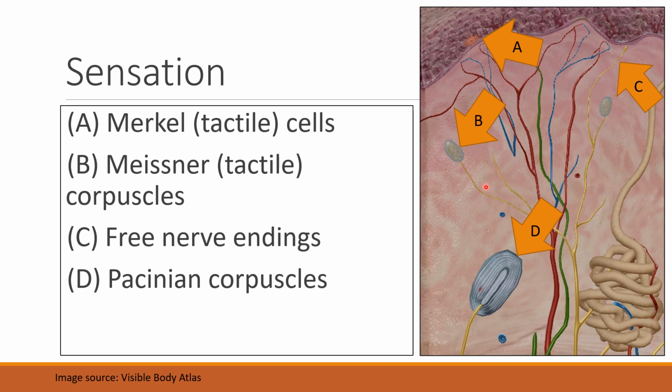There are more nuances to that as well, but for now, just remember that both of those start with the letter M, and they have to do with touch. Merkel cells touch, Meissner corpuscles touch. The free nerve endings do things more like pain, temperature, and some other stuff. And then these Pacinian corpuscles, remember, sense vibration and the pressure that it would feel.